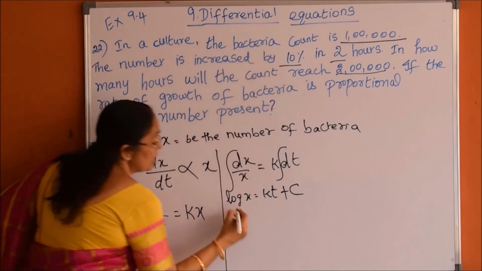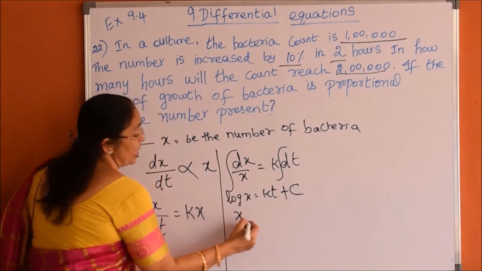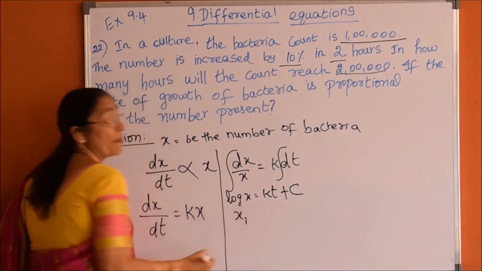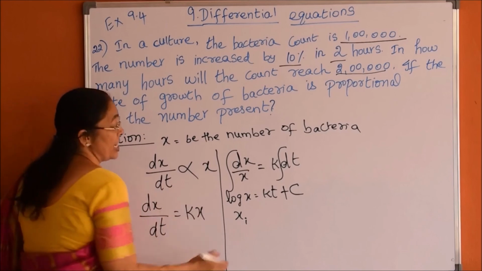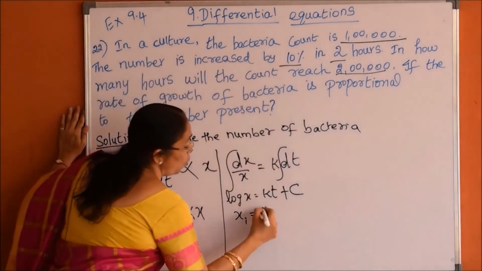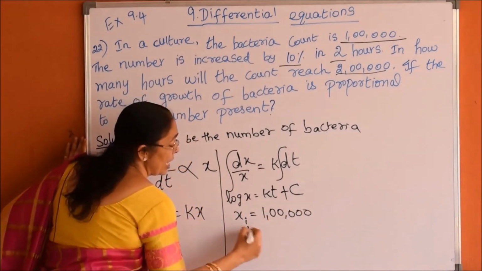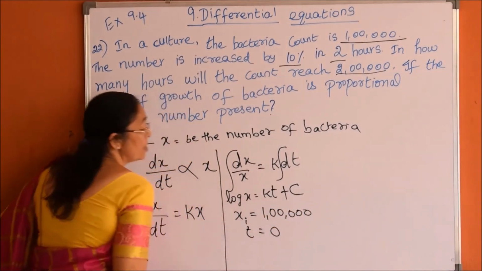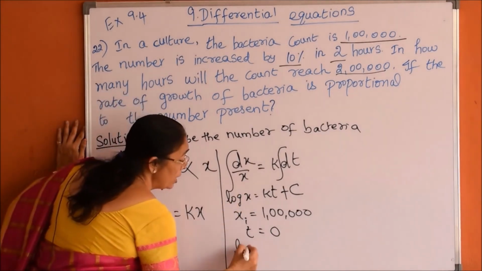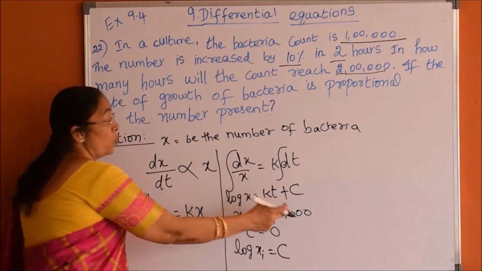So, let me consider xi as the count initially. Given, in the beginning xi is 1 lakh. Since it is initially, our t value will be 0. So, log xi is c, where xi is 1 lakh.